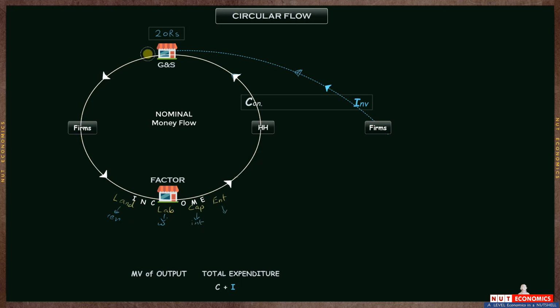So this 20 rupees of spending on 20 rupees of market value of country's output will be received by the firms, and then these 20 rupees will flow back through these factor markets in the form of these payments or rewards to these factors of production back to these households.